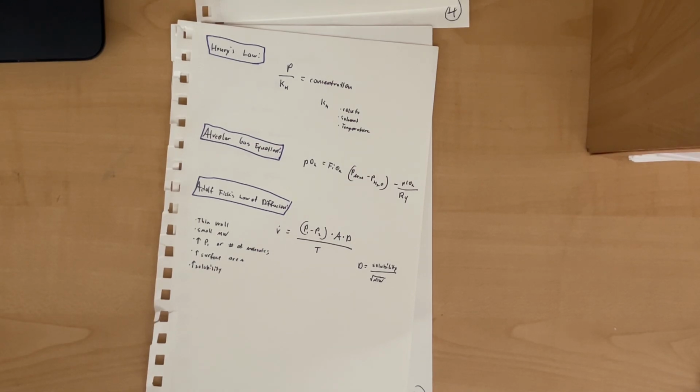The second thing it has to get through is the epithelial cells of the alveoli, and then from there it has to get through a basement membrane of the alveoli, and then after that it has to go through connective tissue, which is just elastin and collagen.